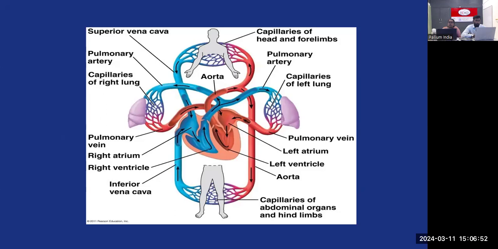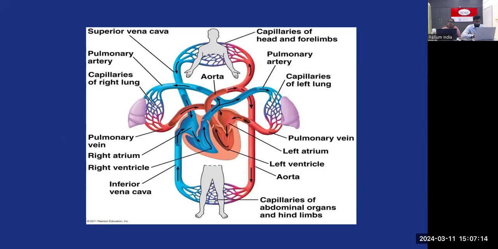From the lower part of the body, the inferior vena cava takes the deoxygenated blood to the right atrium. In the lower and upper parts of the body, there is a connection between the arterial capillaries and the venous capillaries.